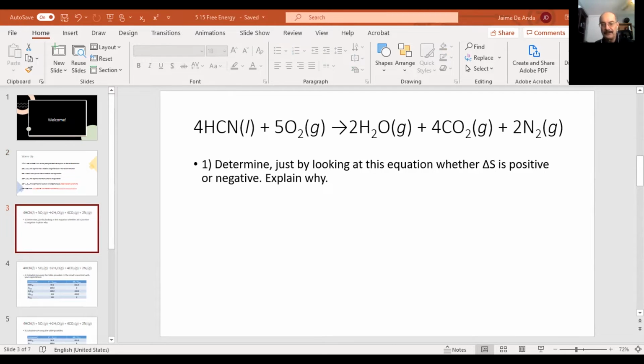Before you dig into any math, don't forget, first get a sense of what's going to happen. For example, just by looking at this equation, can you get an estimate as to whether delta S is going to be positive or negative, and why is that?